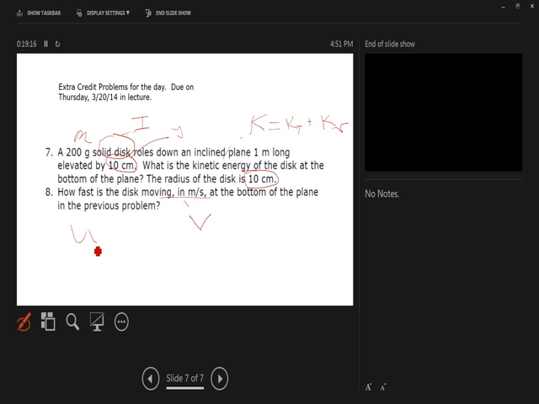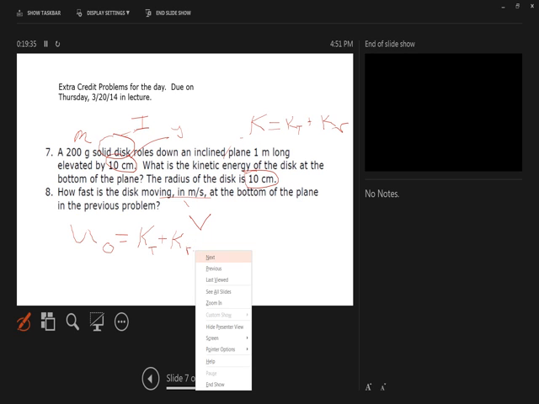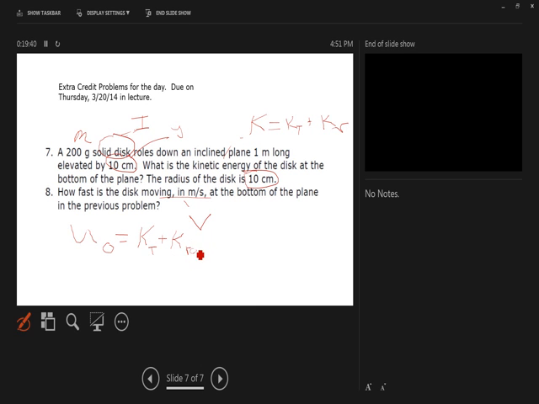In other words, potential energy U0 at the top equals the total kinetic energy at the bottom, which is comprised of translational kinetic energy plus rotational kinetic energy. Okay. And you'll know a number for U, because it's just mgy, isn't it?